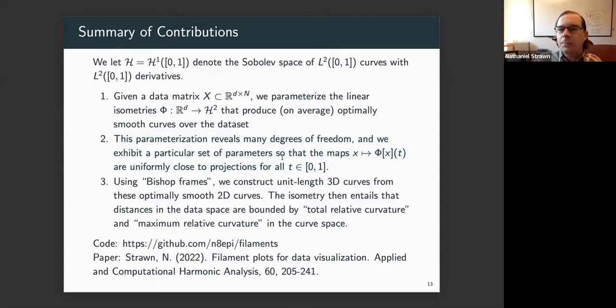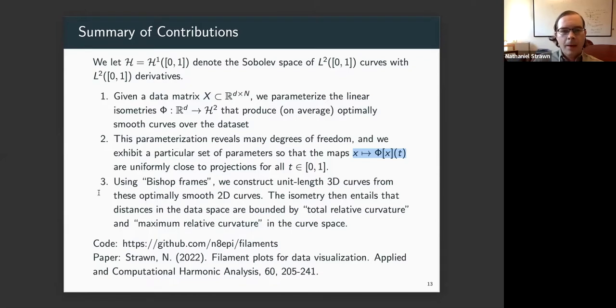And we will show that there is a particular set of parameters such that the maps x into phi of x evaluated at t, so this is now a map from R^D into R^2, are all uniformly close to being projections from R^D into R^2. And so that means that each individual slice of these functions will be a nice scatter plot.